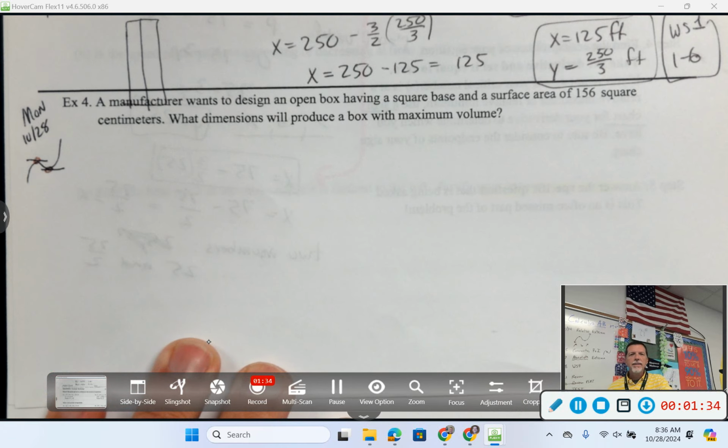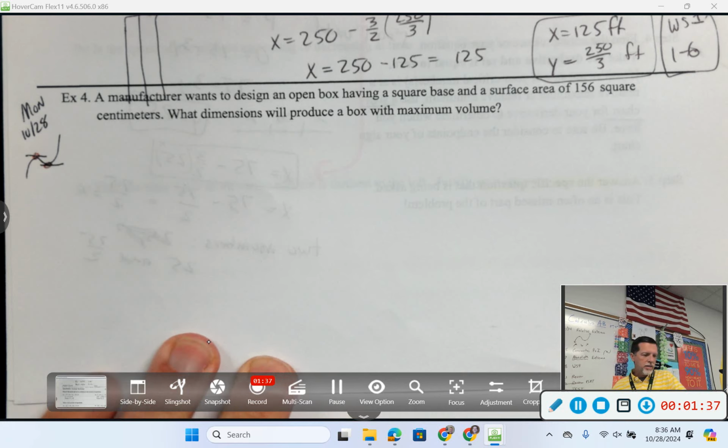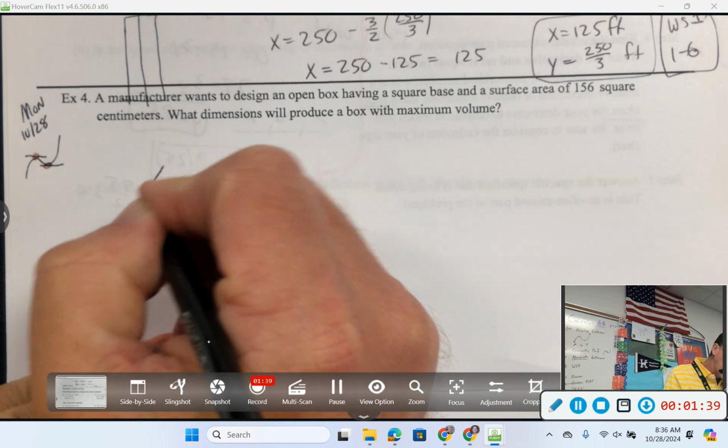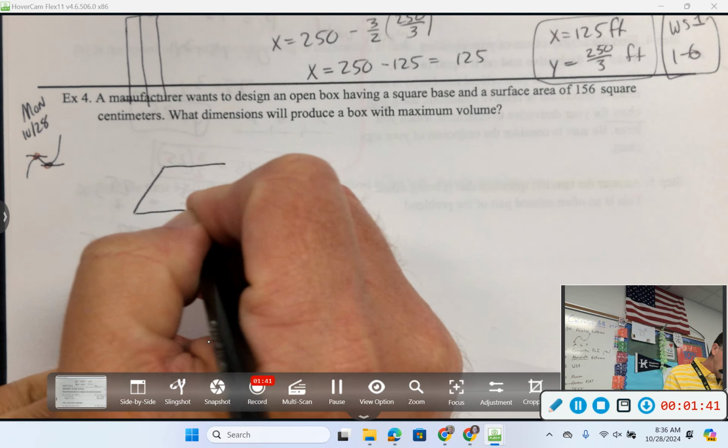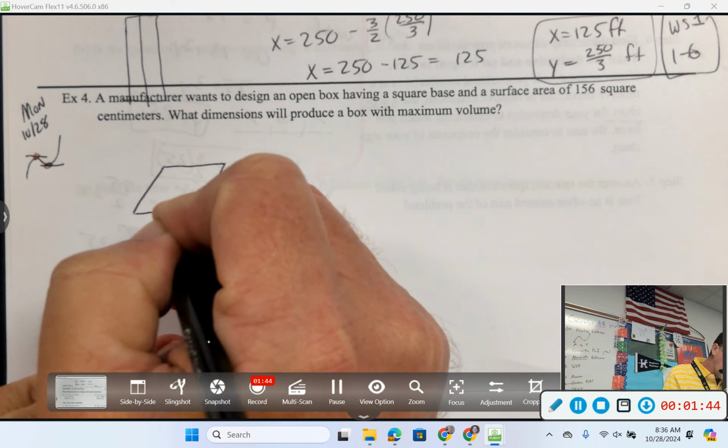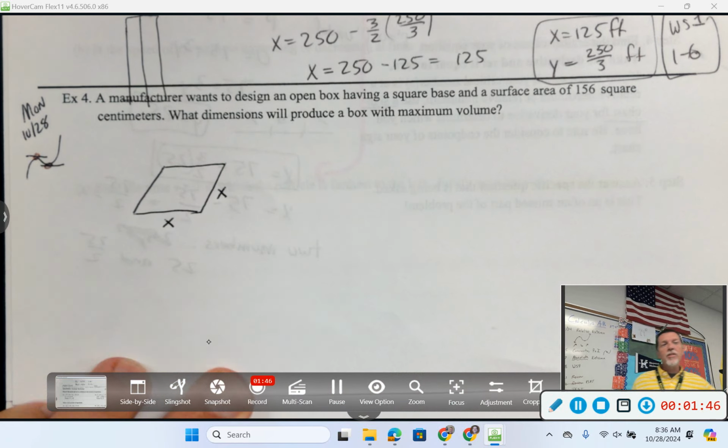Okay, goodness. So we got an open box with a square base. So I'm going to draw my square base to start with. Those dimensions will be x and x because it's a square.